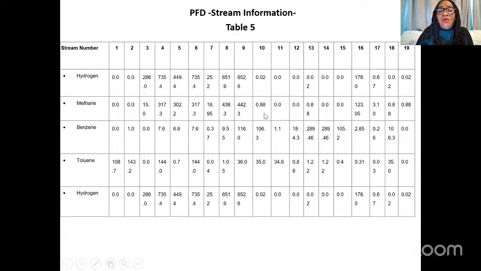So we have 116. But we also see that we still have to look for outputs of 6 and 7 there, because there will be some unreacted toluene that will be coming out along with the benzene. So we look at 6 and 7 also. In this case, we will subtract stream 6 and stream 7 under benzene.